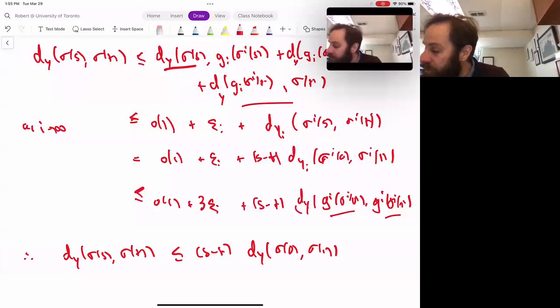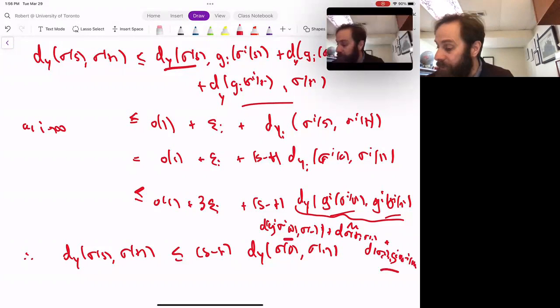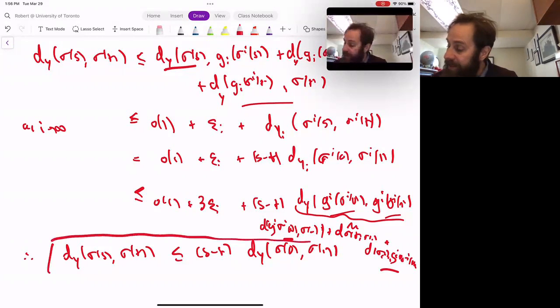This term here would be less than d of GI sigma I 0, sigma 0 plus d of sigma 0, sigma 1 plus d of sigma 1, GI sigma I 1. And the first and third terms are going to 0 uniformly as I goes to infinity. And so I'm left with this. Great.